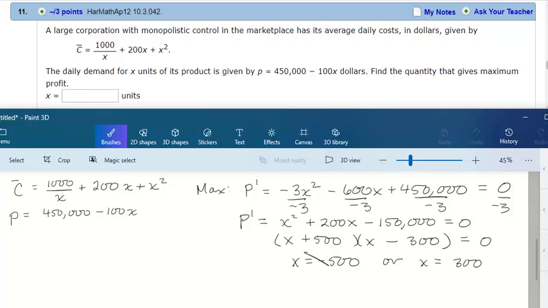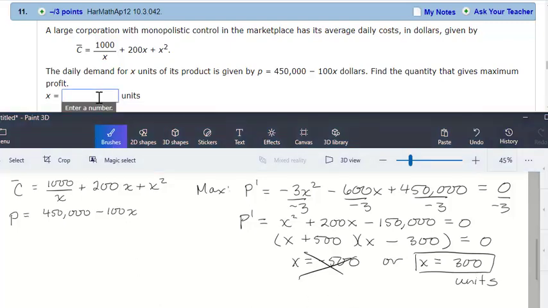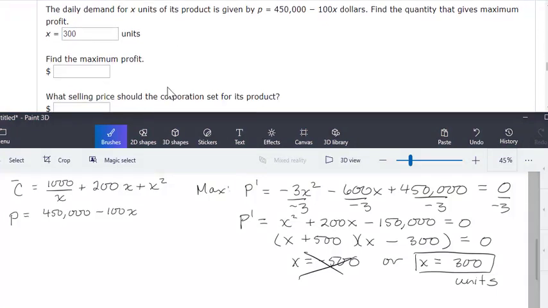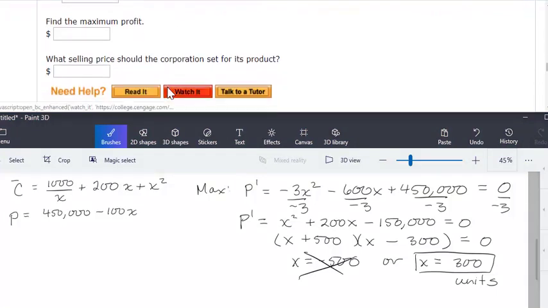Notice that the negative answer I can throw out because I can't have negative 500 units. I've only got one answer. X stands for the number of units. So the first part of the question, how many units? That would be 300.